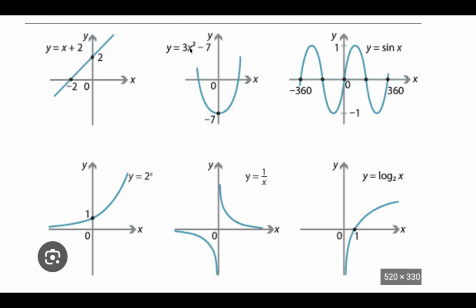Like if you put x equal to 0, you get y equal to negative 7. So when x is equal to 0, the only value of y is negative 7. Sorry for the mistake. So for every value of x, there is only a single value of y. So it's a function.